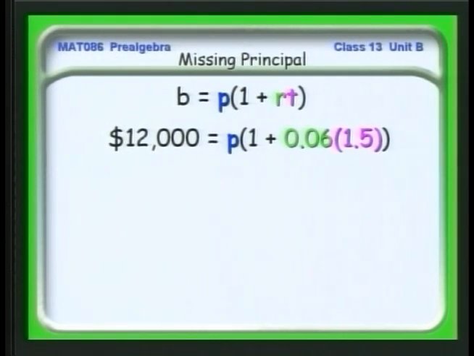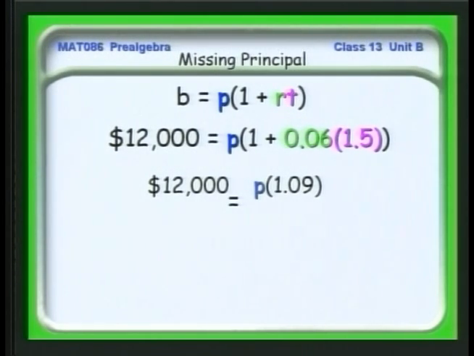We now have to work with what's inside the brackets and do the multiplication. The first thing I'm going to do, as this indicates, is multiply the 0.06 times 1.5 and then add that to 1.